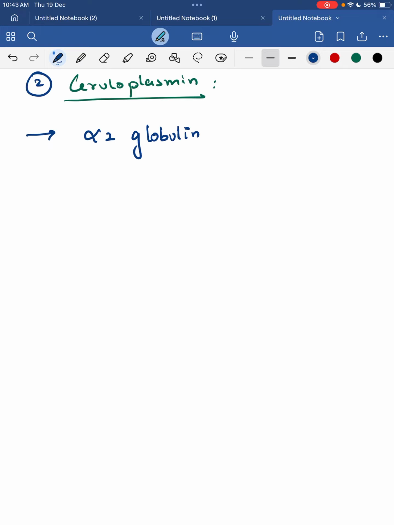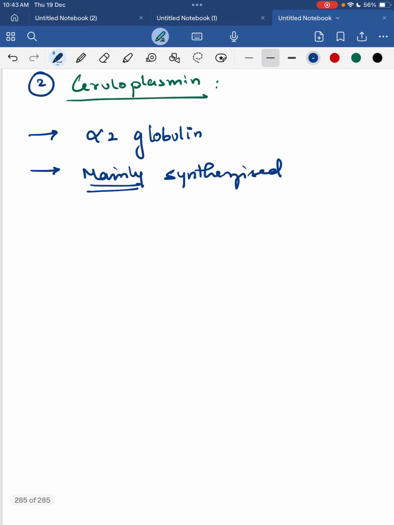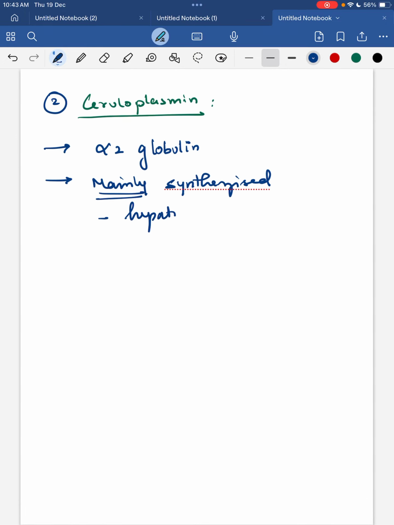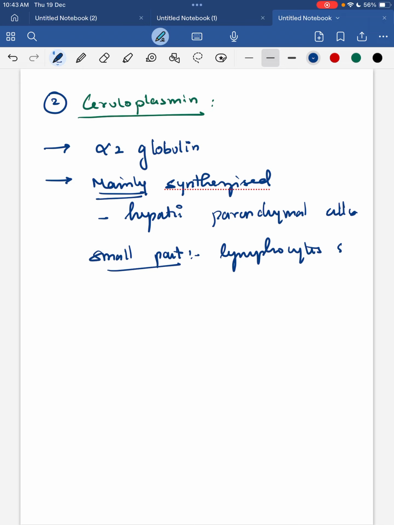It is mainly synthesized in your hepatic parenchymal cells, that is in your liver, and a small part is synthesized by your lymphocytes and macrophages. Okay. So when will your ceruloplasmin levels be increased, in which conditions?